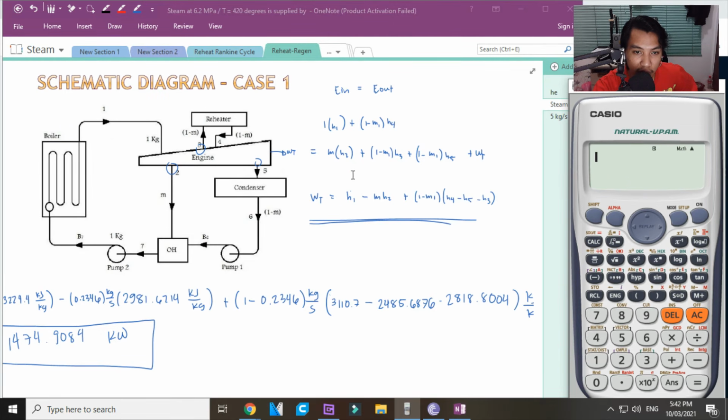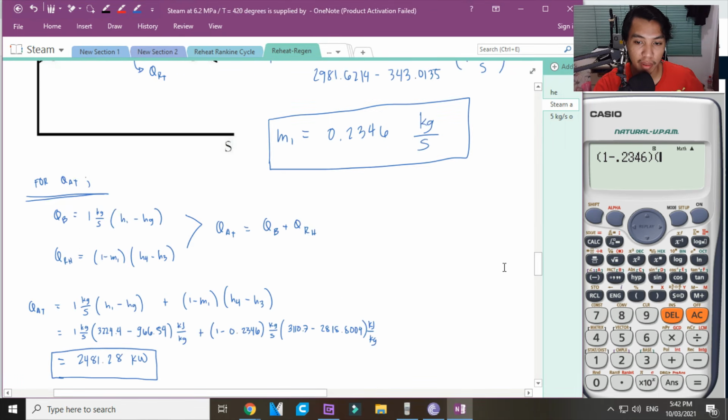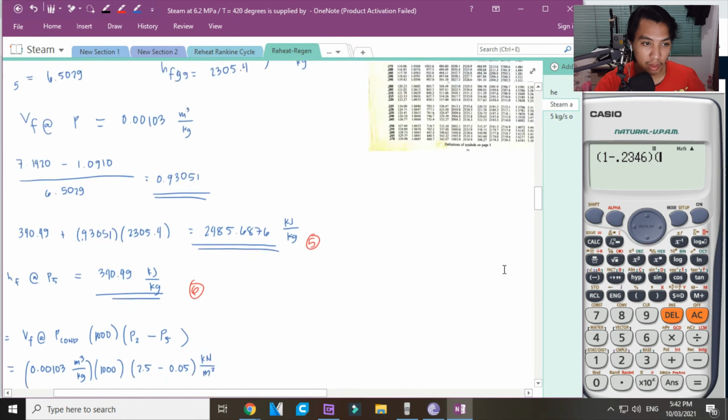Tapos, 1 minus M1 tapos sa H5. Lahat sila palabas. Add ko na lang yung dalawa. So, 1 minus 0.2346 multiplied to H3 and H5. H3. Check ko dito, baka nagkamali lang ako ng kuha. H3 and H5.